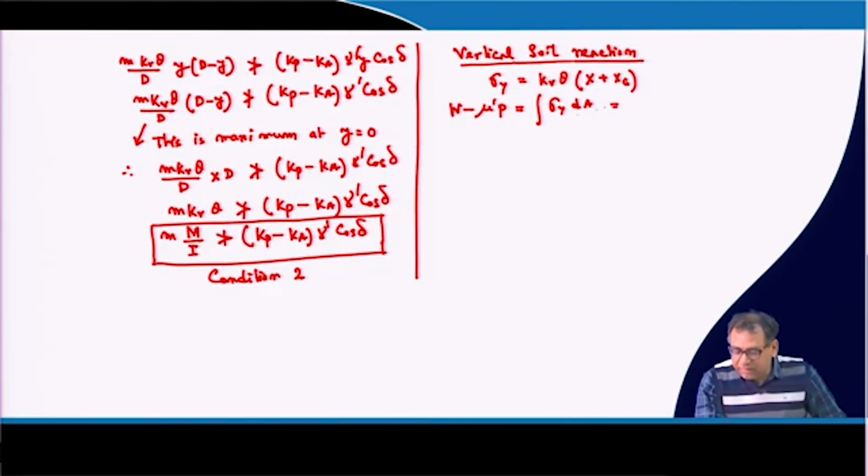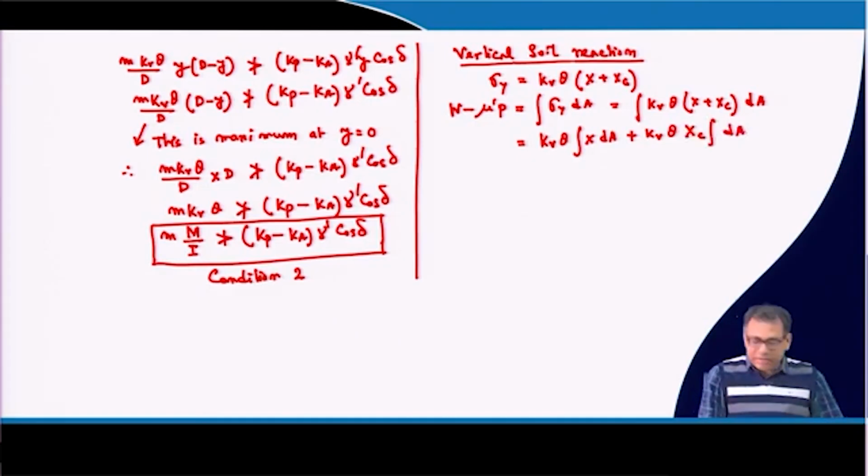So, sigma y I can replace by K v theta x plus x c, and this is dA. Further we can write K v theta into integration x dA plus K v theta x c into integration dA.